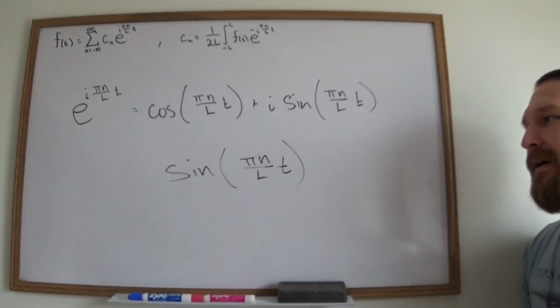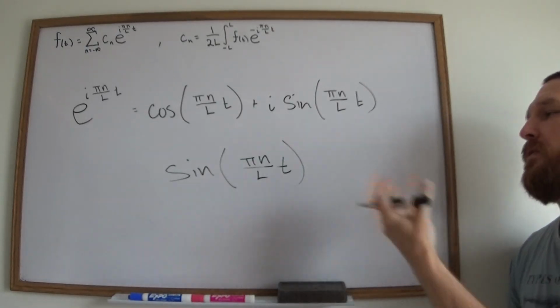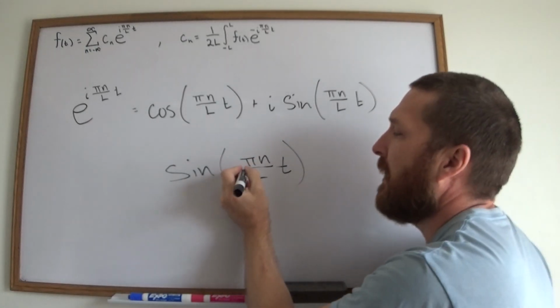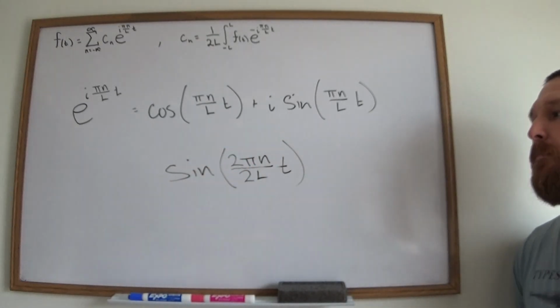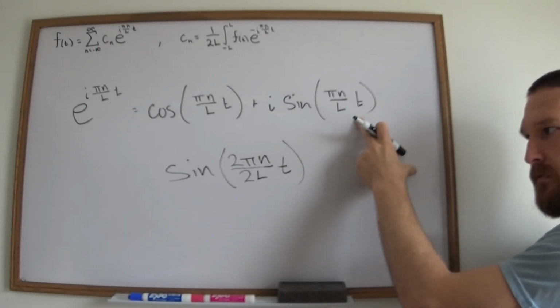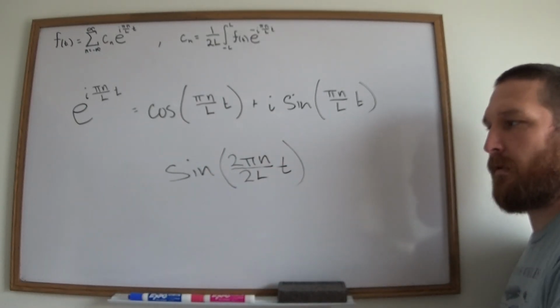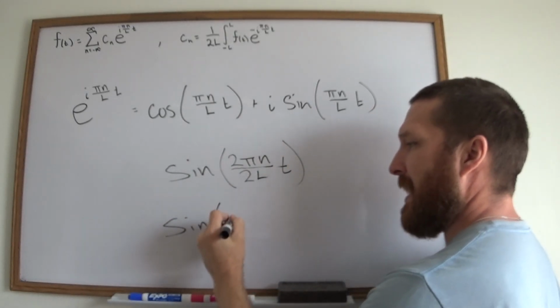But I don't have a 2 pi, I only have a 1 pi. It'd be nice if I could multiply it by 2, but I can't do that without changing it unless I multiply the top and the bottom of this fraction by 2. Now I have not changed it, right? This is exactly the same thing as this, because the 2's cancel. But now this lets me pull that 2 pi out.